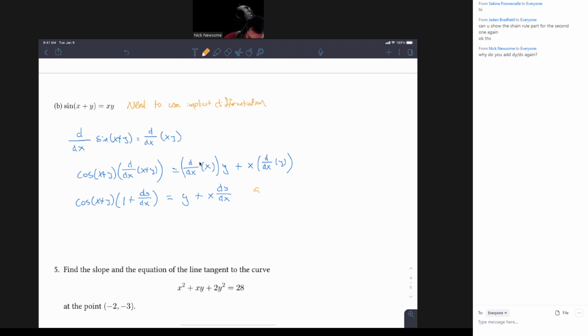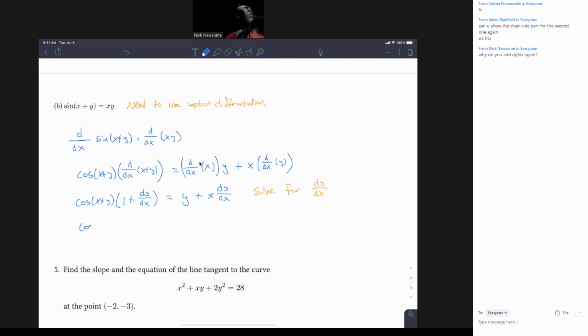So if I distribute this cosine in, I'm going to get cosine of (x plus y) times dy/dx. So there's going to be one piece with the dy/dx. I'm going to have this x with the dy/dx on it on this side. That's going to be the stuff with dy/dx. One of them I'll have to subtract. Doesn't really matter which one.